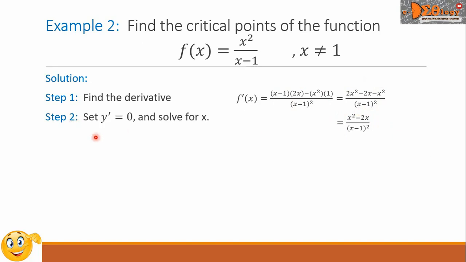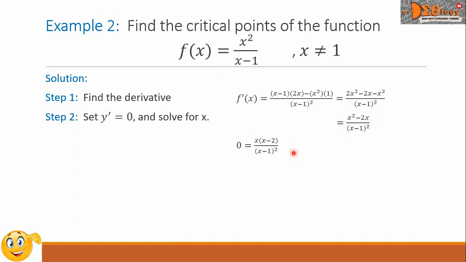Step 2, we set y prime or the derivative equals 0 and solve for x. So this f prime of x becomes 0, and let us rewrite our derivative here by factoring the numerator. So we have now x times the quantity x minus 2 over our same denominator.